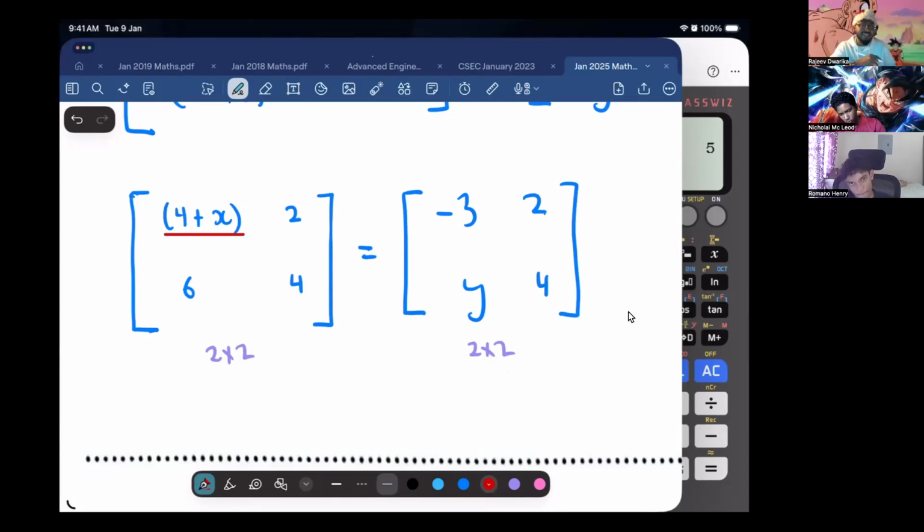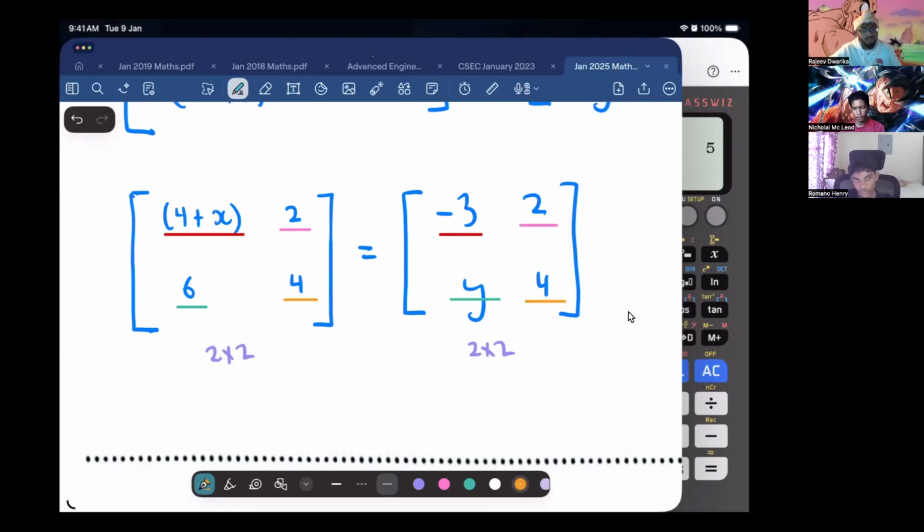What could I let it be equal to? Negative 3. And you can see the 2 and the 2 give back the 2 and the 2. What are we going to let 6 be equal to? y. And what are we going to let 4 be equal to?